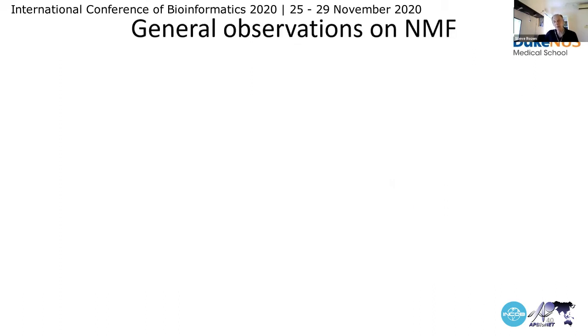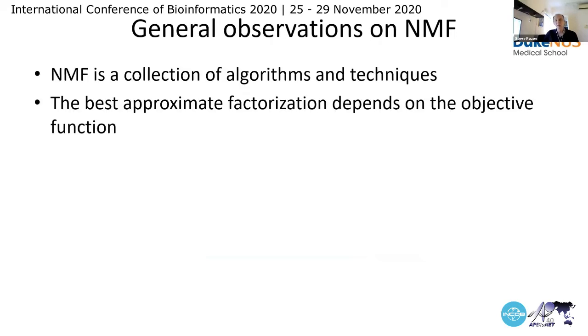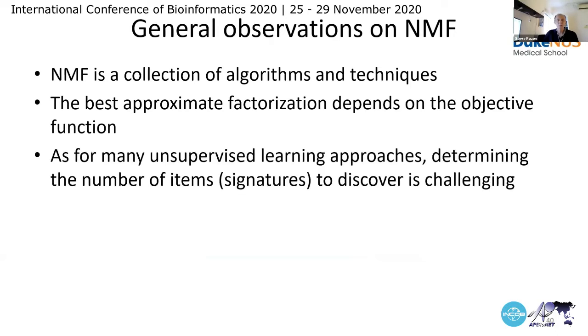So some general observations on NMF. It's a collection of algorithms and techniques. The best approximate factorization depends on the objective function, which should be obvious, but often is not thought of. As for many unsupervised learning approaches, determining the number of signatures to discover is challenging. I will emphasize this.